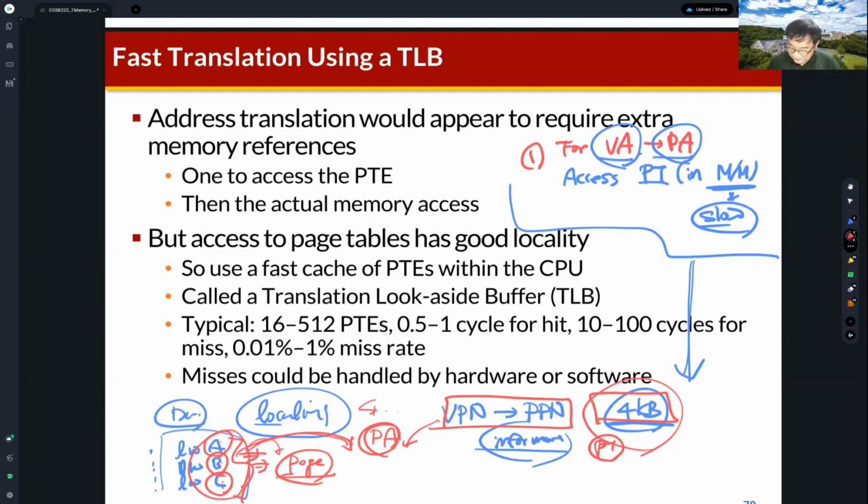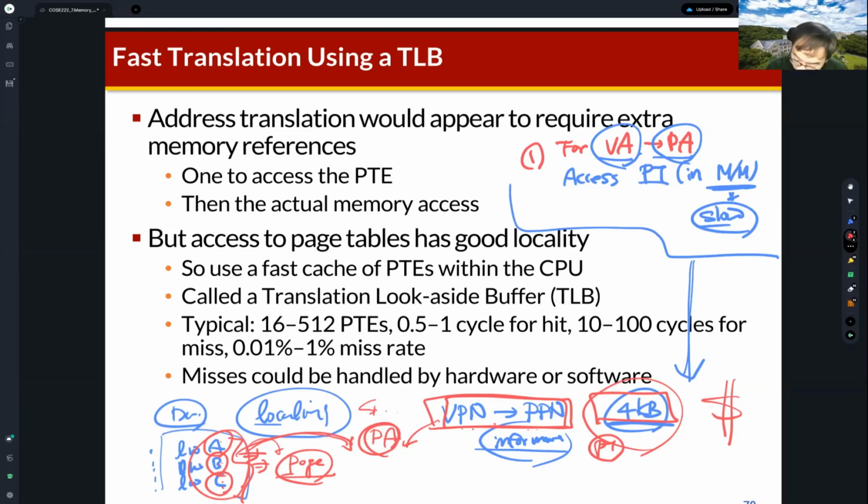So we can also apply a cache-like structure, okay? Because once this virtual page number to physical page number mapping information is used, with a very high probability this information will be used again and again, repeatedly.